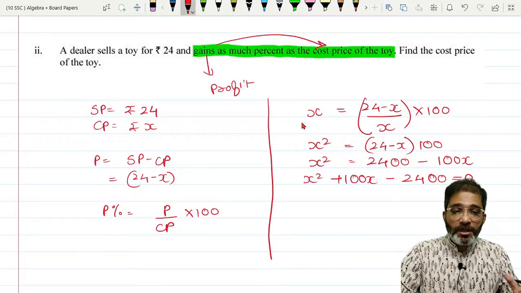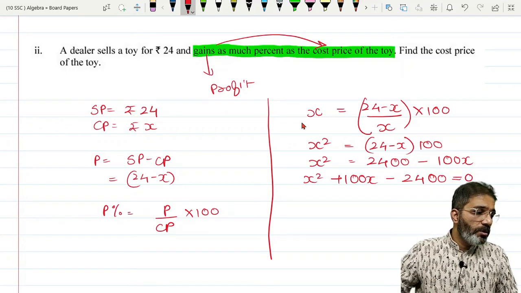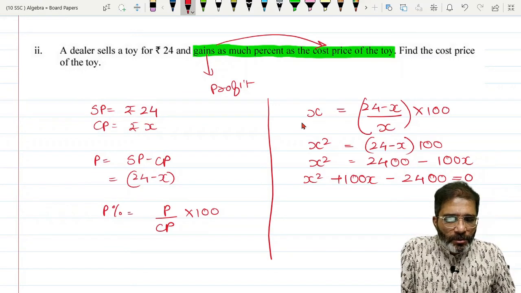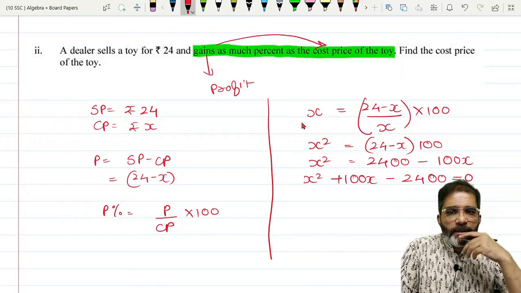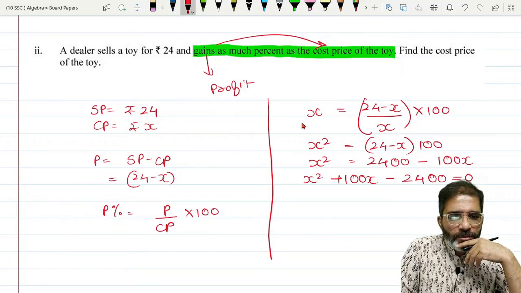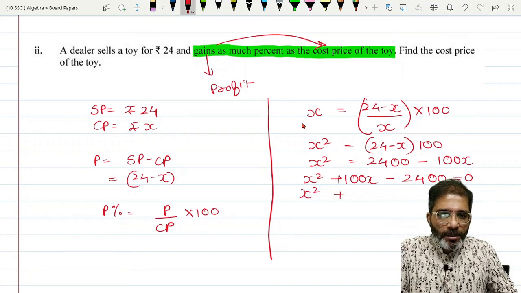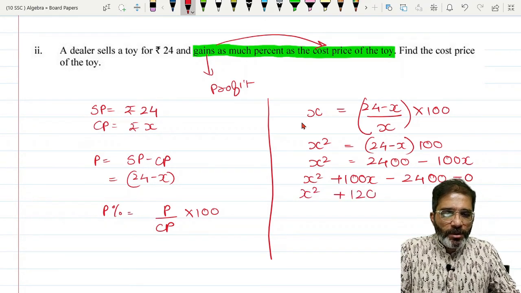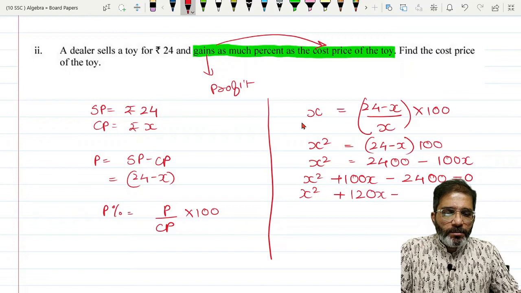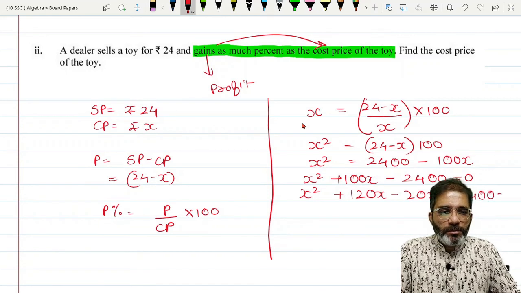Okay, so this is again a quadratic equation, so we have to solve the sum. Okay, so we want two numbers. When you multiply, we get minus 2400 and addition is 100. Okay, so the numbers are 120 and 20. Yes, x square plus 120x minus 20x minus 2400.